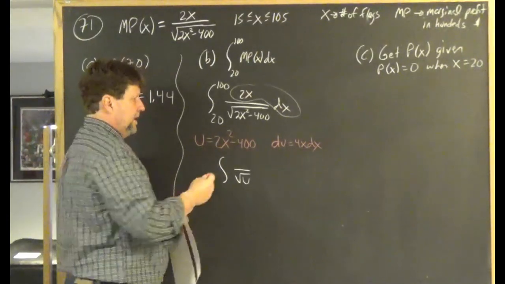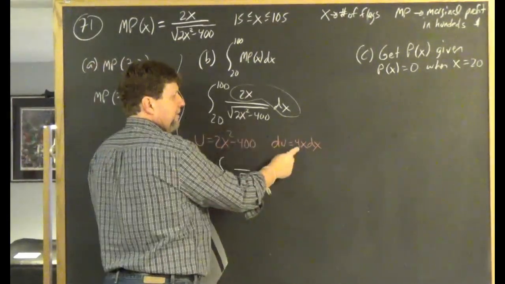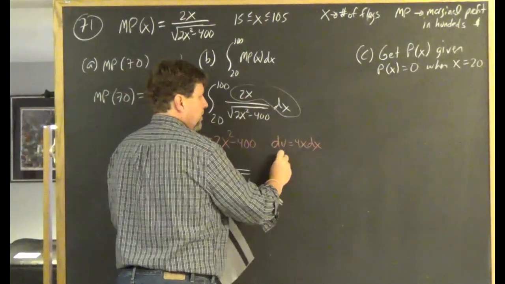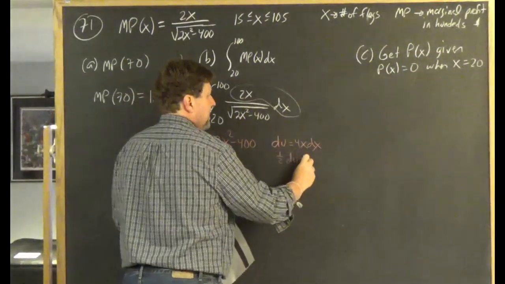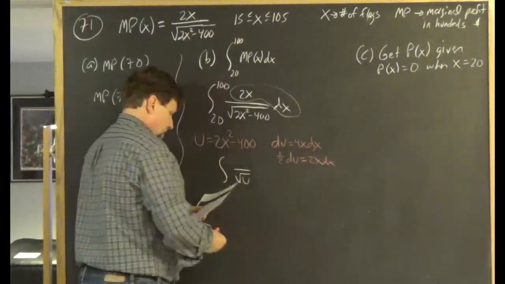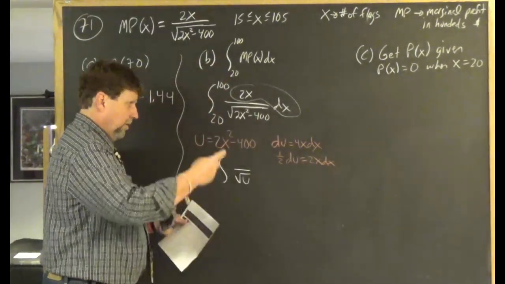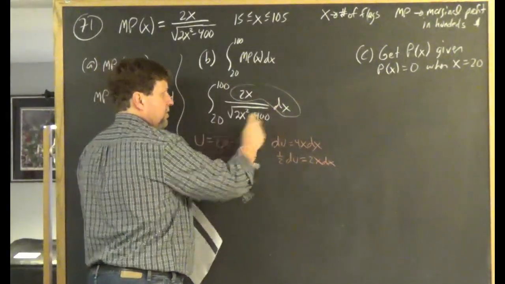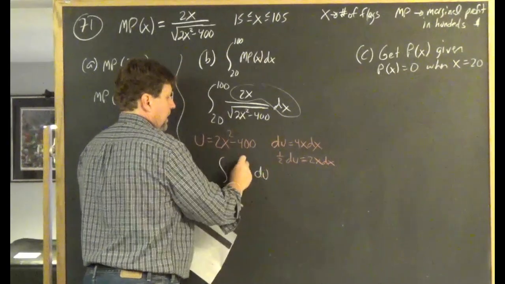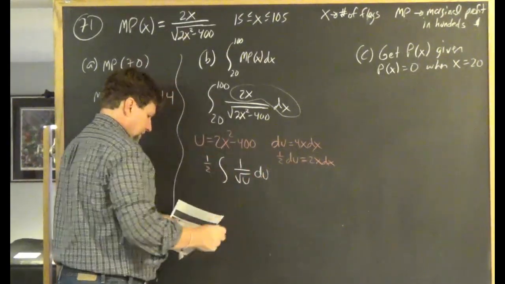Well, it looks like I have a 4x dx here. If I just divide by 2, 1/2 du would be a 2x dx. So I substitute in 1/2 du for the 2x dx. So 1/2 du, I'll rip the 1/2 out front.